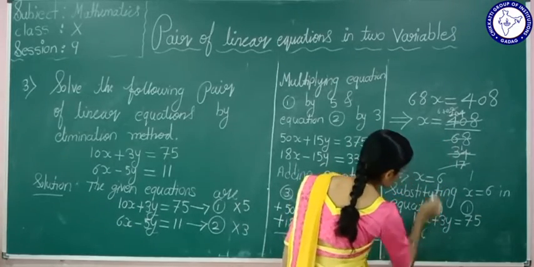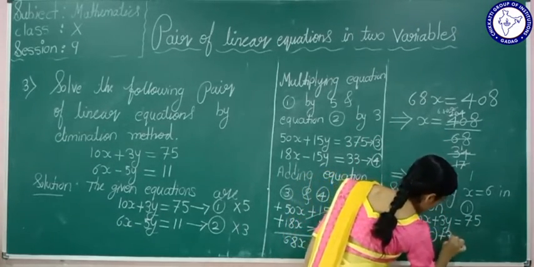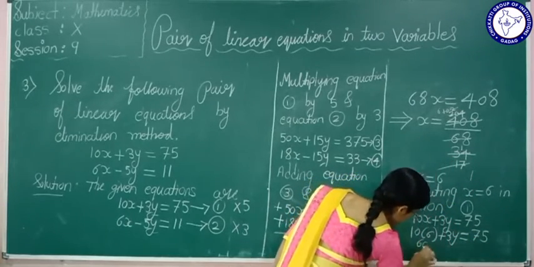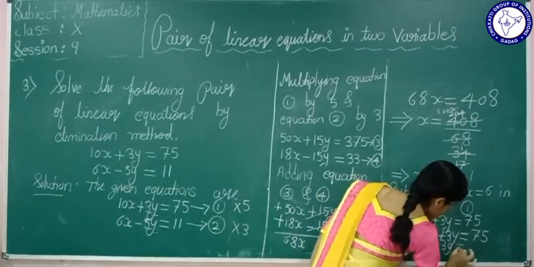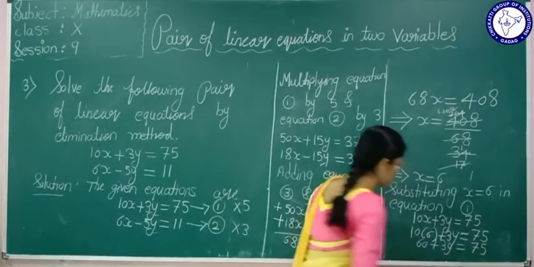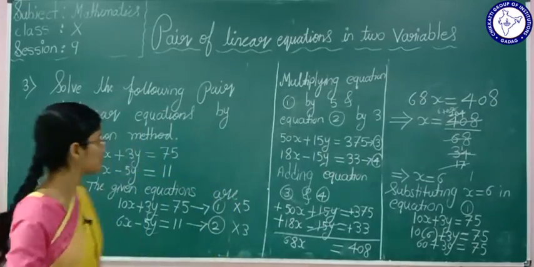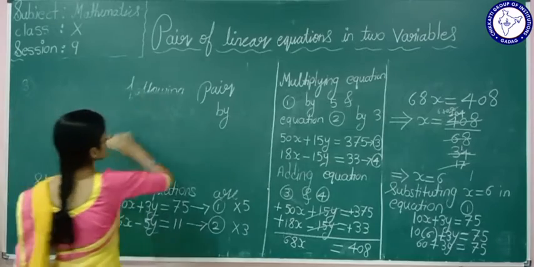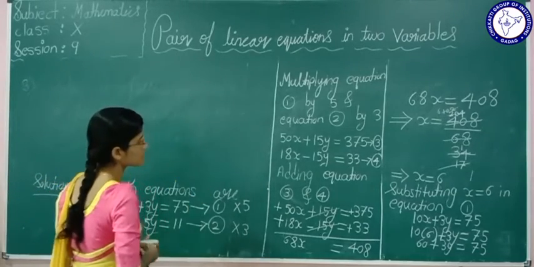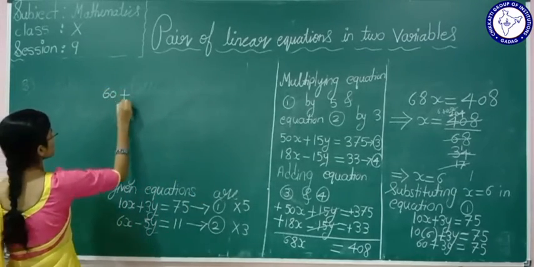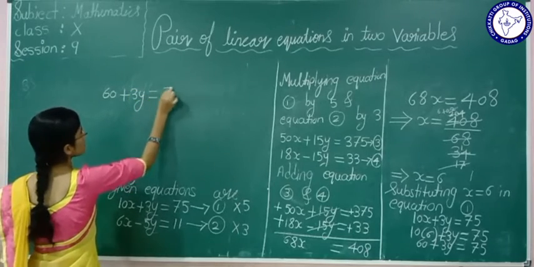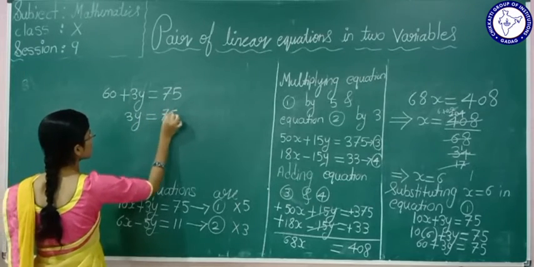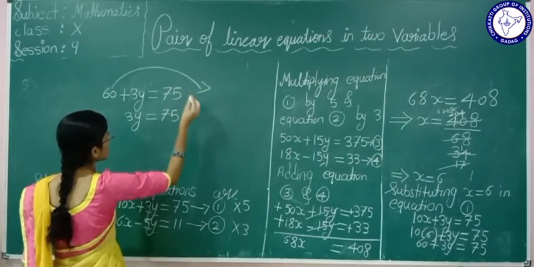So what is the x value, student, here? 10 6s are 60. 60 plus 3y is equal to 75. 3y is equal to 75, what it will become?